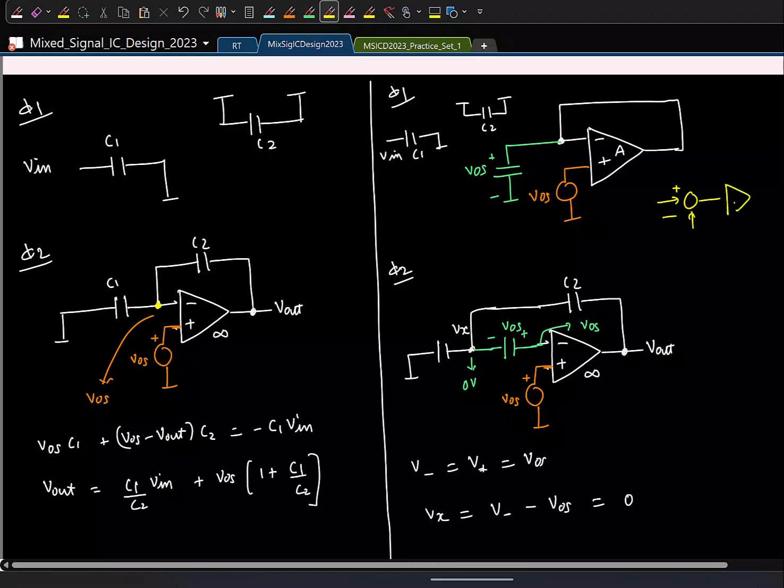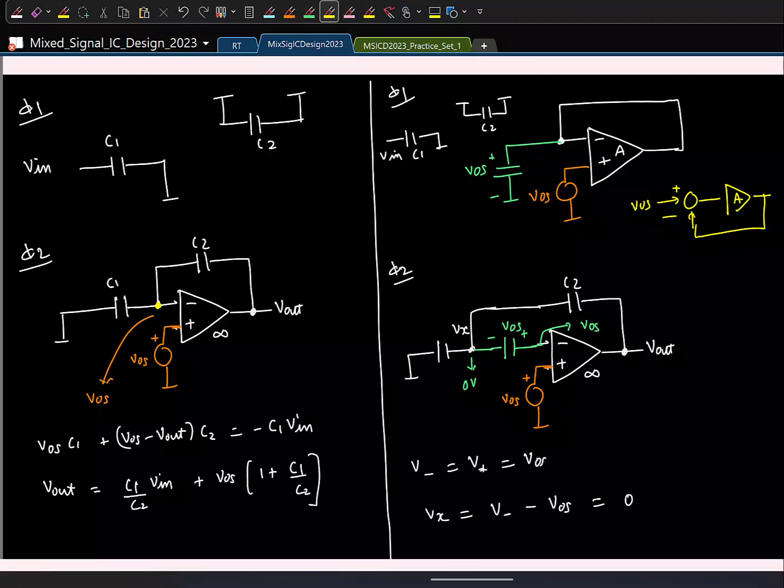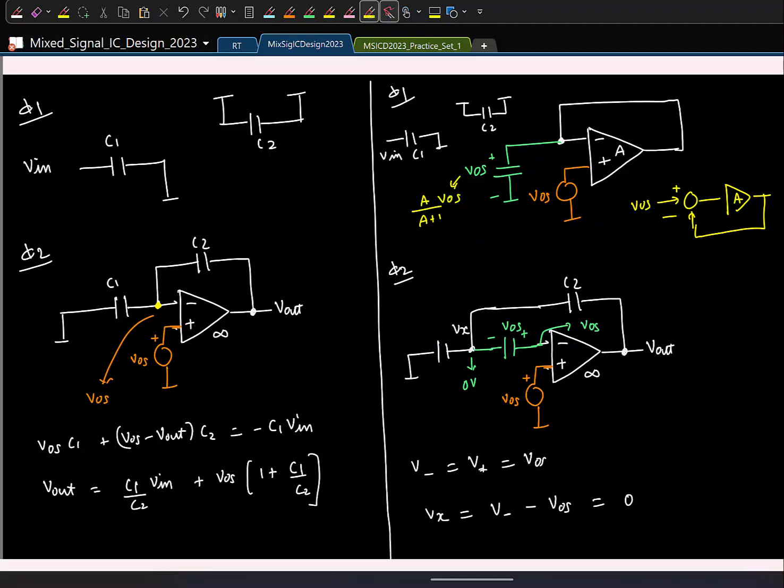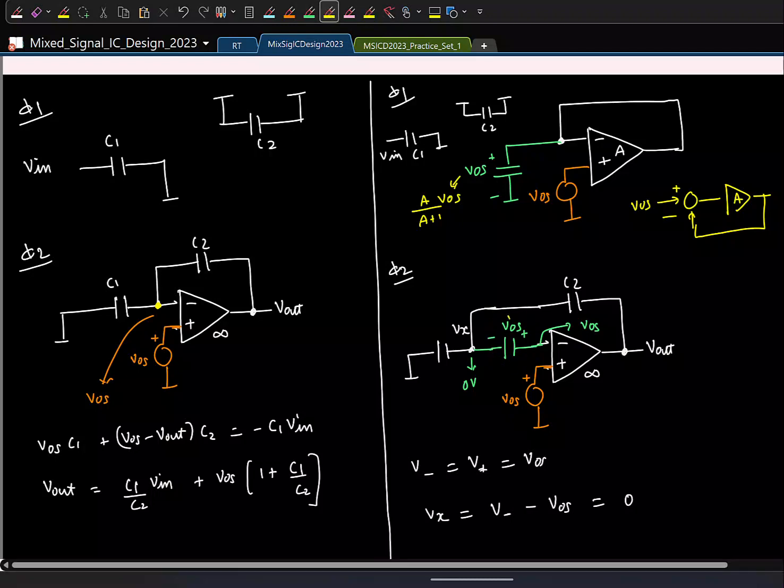We have an op amp with a gain A, put in unity feedback, input is VOS, what is the output? A by 1 plus A, it's a basic negative feedback. So this will be A by A plus 1 times VOS. Approximately VOS if A is very large. So which means this voltage here is no longer VOS, it is, I'll just say, A by A plus 1 times VOS.